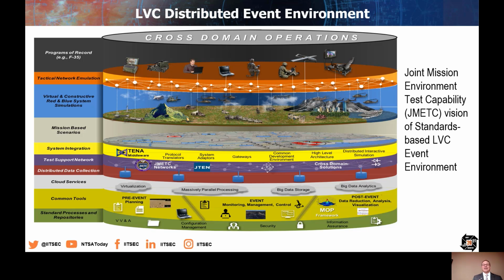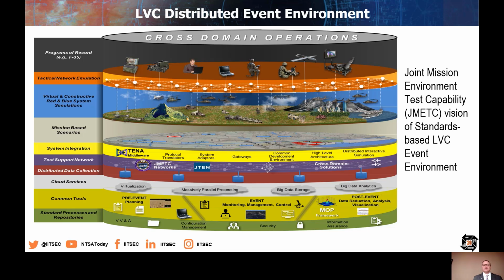For that to work, they need a tactical network emulation. So they need either the actual tactical network that the weapon system requires to communicate at the tactical level, or a simulation of that network, to allow simulated message traffic to be sent back and forth.